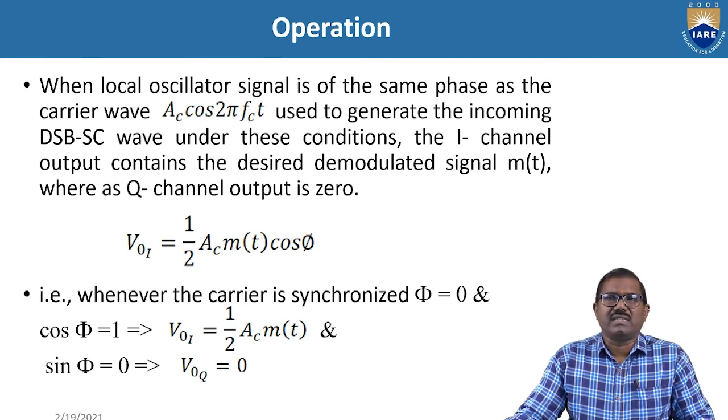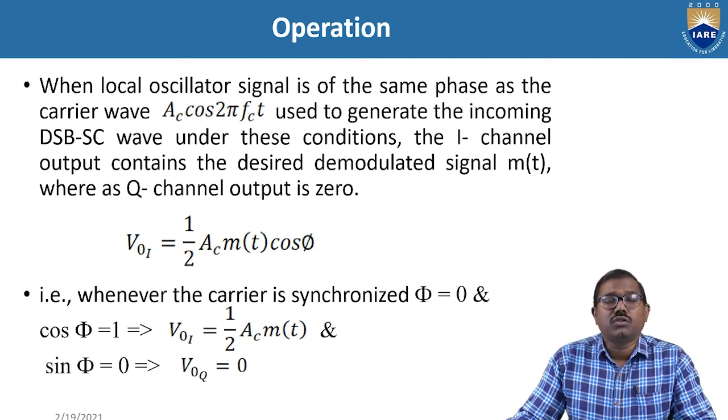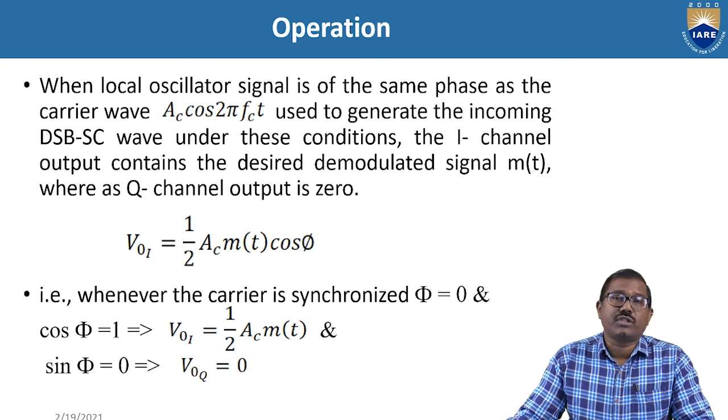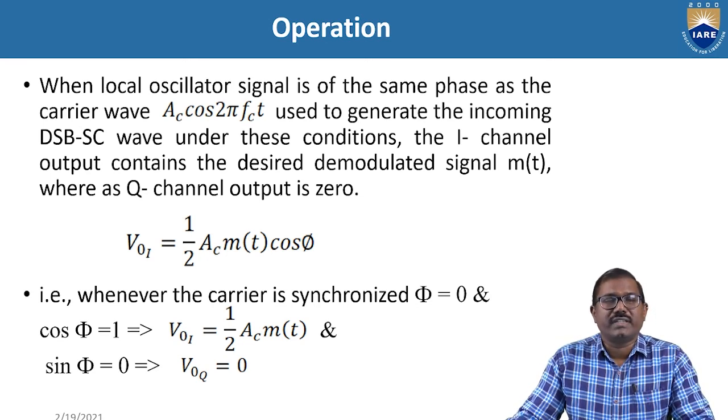So when phi equals 0, cos phi is equal to 1. Then the output of the in-phase channel is 1/2 Ac m of t, which is directly proportional to m of t. Our aim is to detect the message signal.